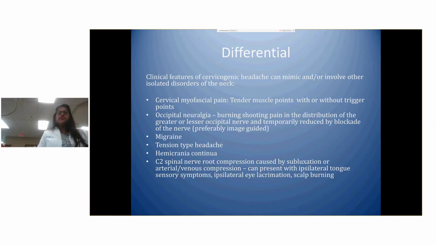C2 spinal nerve compression, which can be caused by subluxation. Sometimes arterial or venous compression can present in addition to occipital or scalp burning. Sometimes you can see patients with tongue sensory symptoms or excessive eye lacrimation. So just things to look out for.